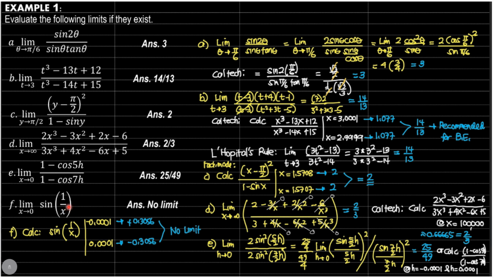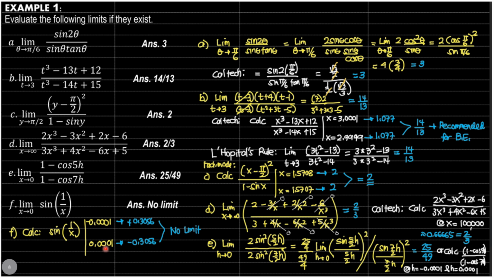But this time, let's use the calculator and evaluate sine of 1 over x. Because x approaches 0, we assign negative 0.0001 and positive 0.0001. At negative 0.0001, the value is 0.3056.